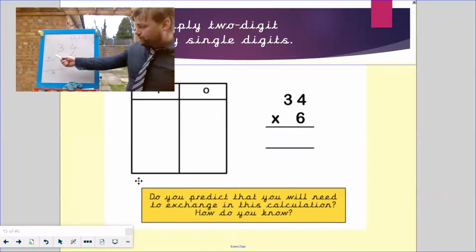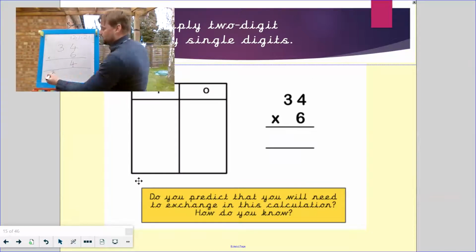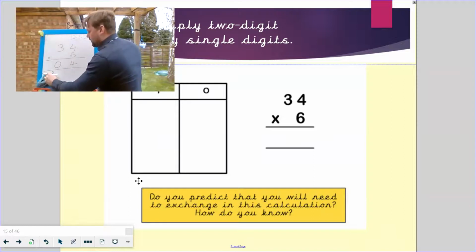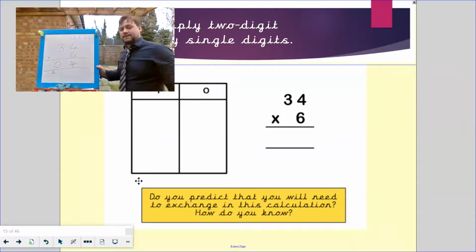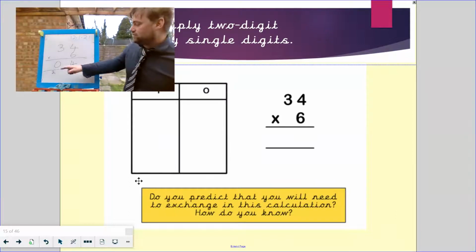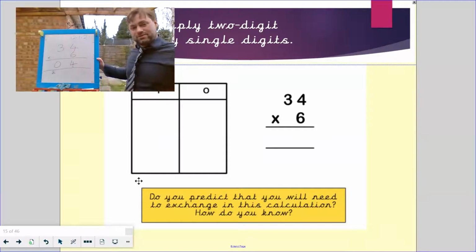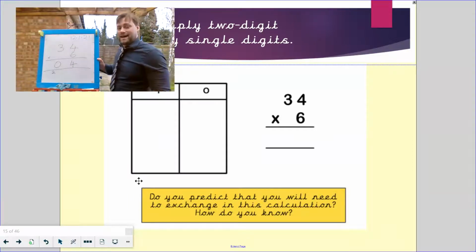But of course, we've got nothing else to multiply here, so we don't do this, because our answer isn't 0, 4, is it? What we do is 3 times 6 is 18, add the 2 gives us 20, but what it really is is 30 times 6, which is 180.